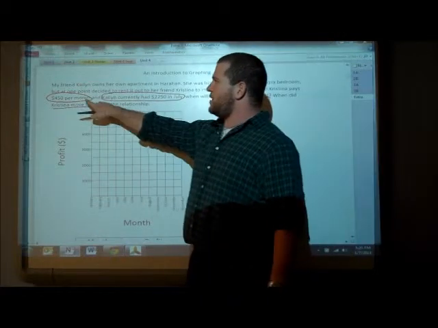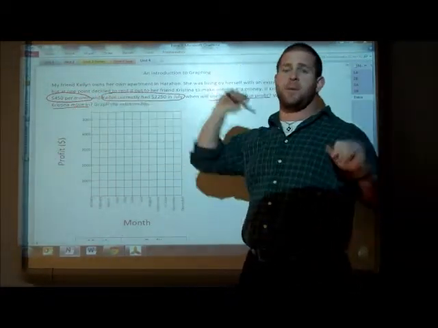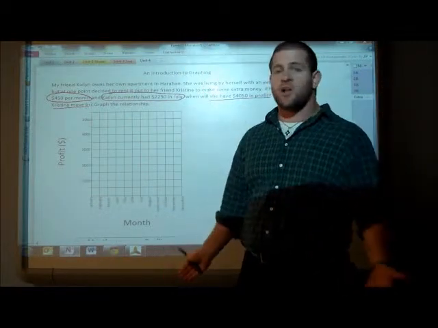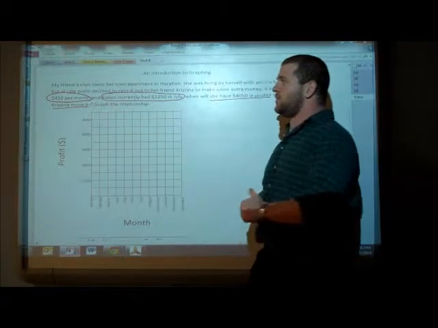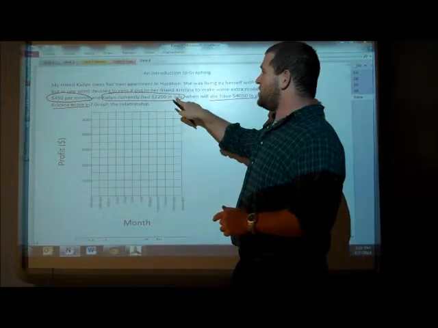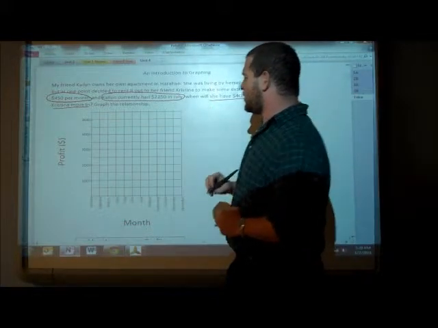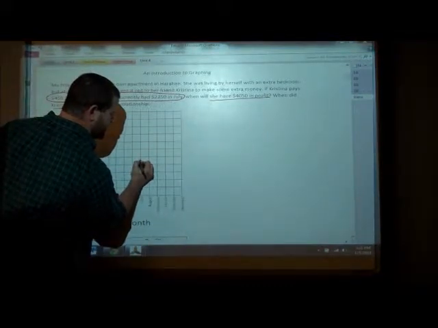Typically people read the $450 per month first, just because it comes first, and so they want to put that on the graph. But you don't know where to start. You don't know which month corresponds to $450. You know that that's the increase. But you do know that in July, she had $2,250. So I'm going to sync up July with $2,250. It's about right there. I'm going to put a point.